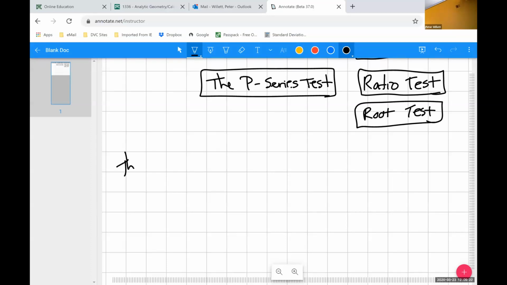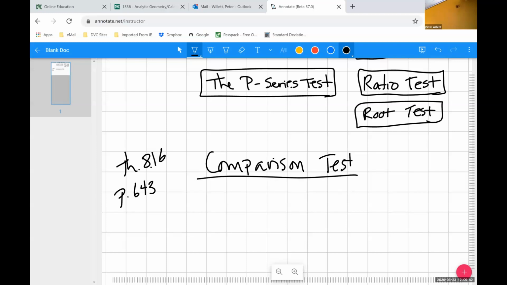So this is theorem 8.16 on page 643, and it's the comparison test. So it says that we have the summation of a sub k's, and we have the summation of b sub k's. So we have two different series with positive terms.